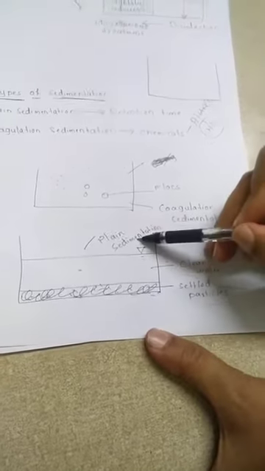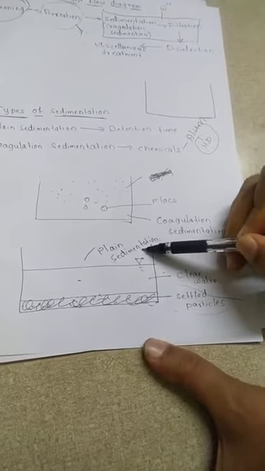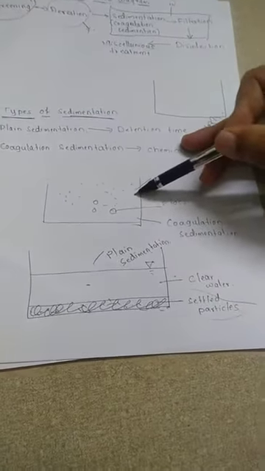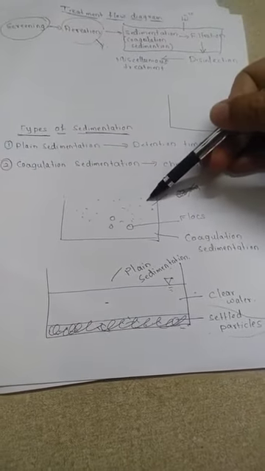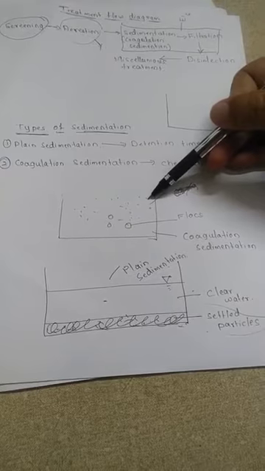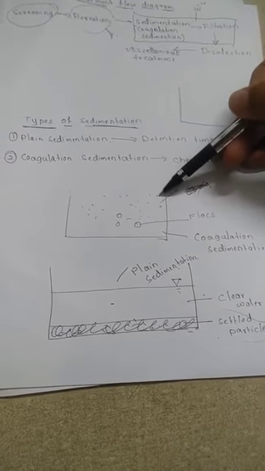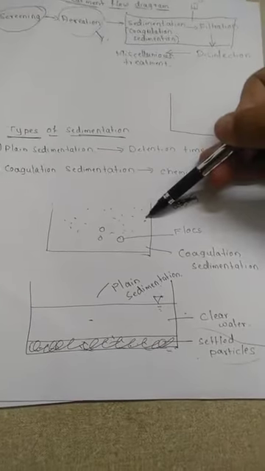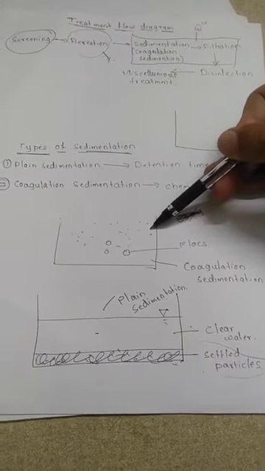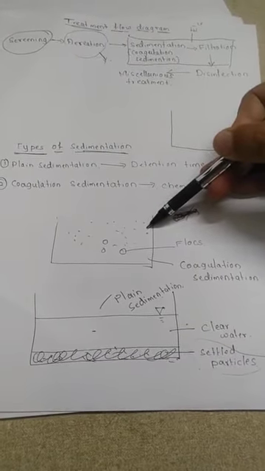This is plain sedimentation without adding any chemicals. Now the important aspect regarding coagulation sedimentation is that the particles which are not going to settle down by their own weight, or which remain in suspension, cannot be removed by plain sedimentation. So for such particles, we are going to use coagulation sedimentation.